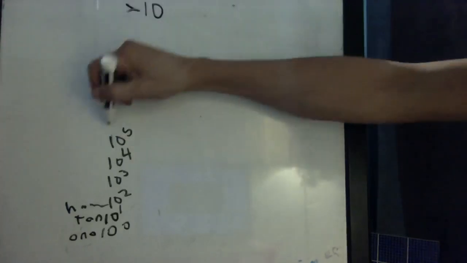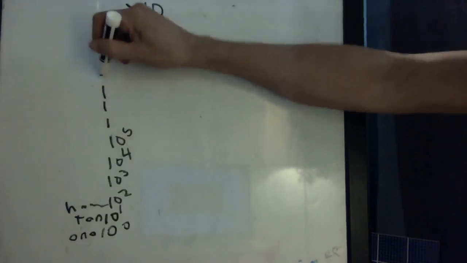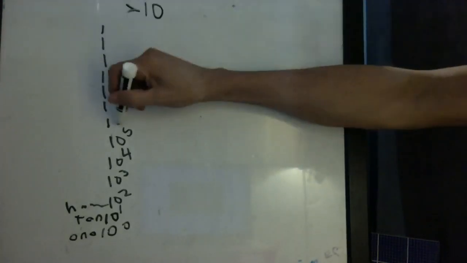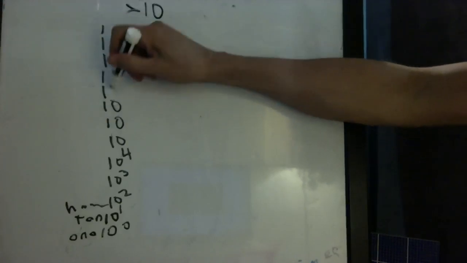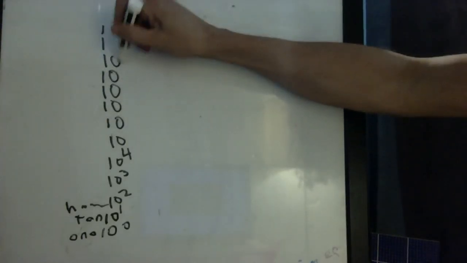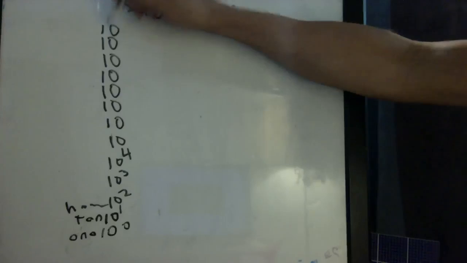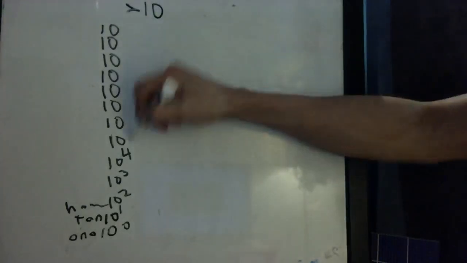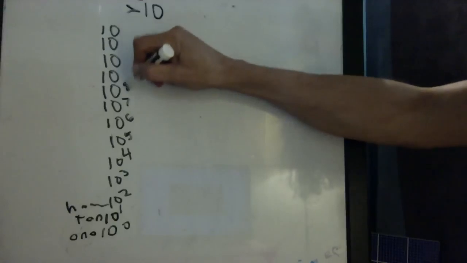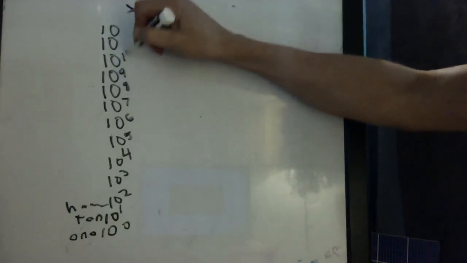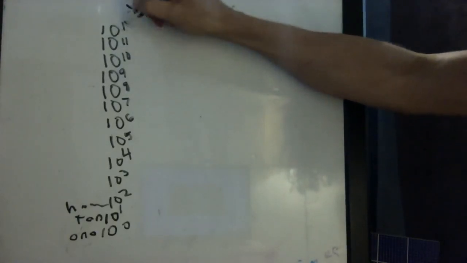You know what's better? 1, 1, 1, 1, 1, 1, 1. 0, 0, 0, 0, 0, 0. Now, 4, 5, 6, 7, 8, 9, 10, 11, 12.